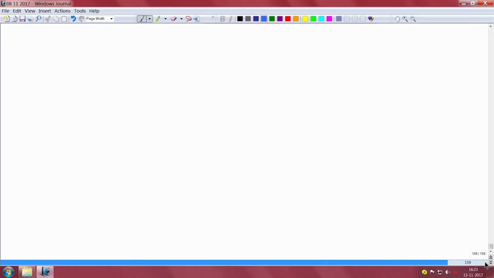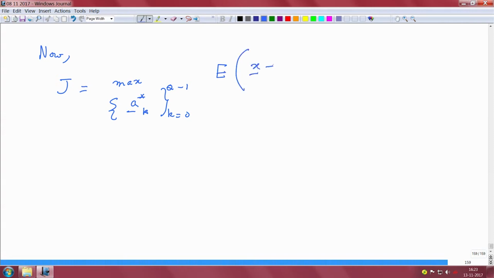Now, J equals maximization over all A k conjugates, k equals 0 to q minus 1, expectation of x minus mu x Hermitian, summation.